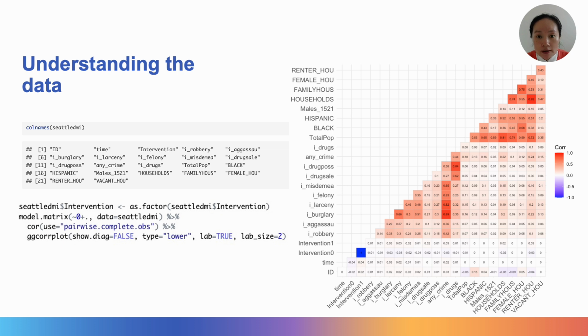statistics in this dataset, such as the number of total population, the number of Black population, the number of Hispanic population, the number of men aged between 15 and 21, the number of households, the number of families who own their own house, the number of houses headed by females, the number of houses that are rented, and then the number of vacant houses.